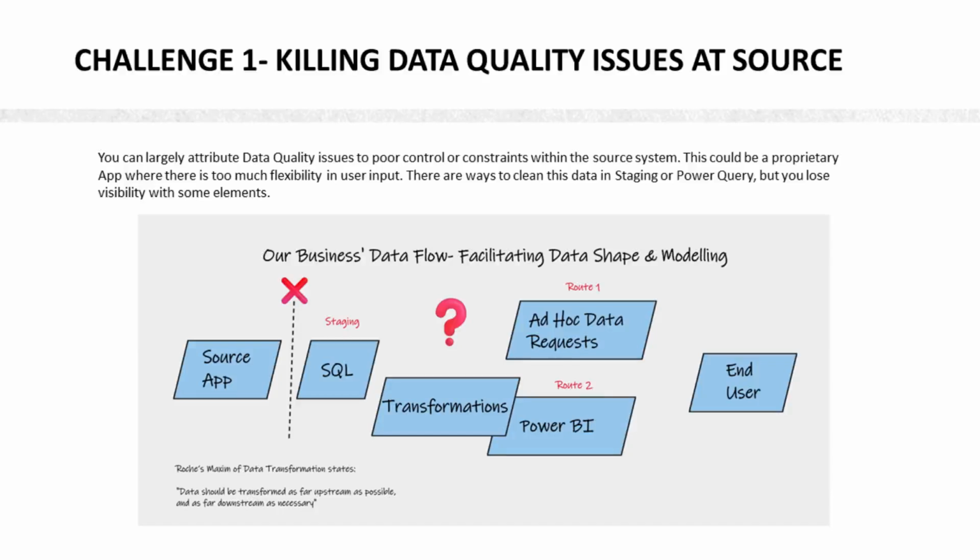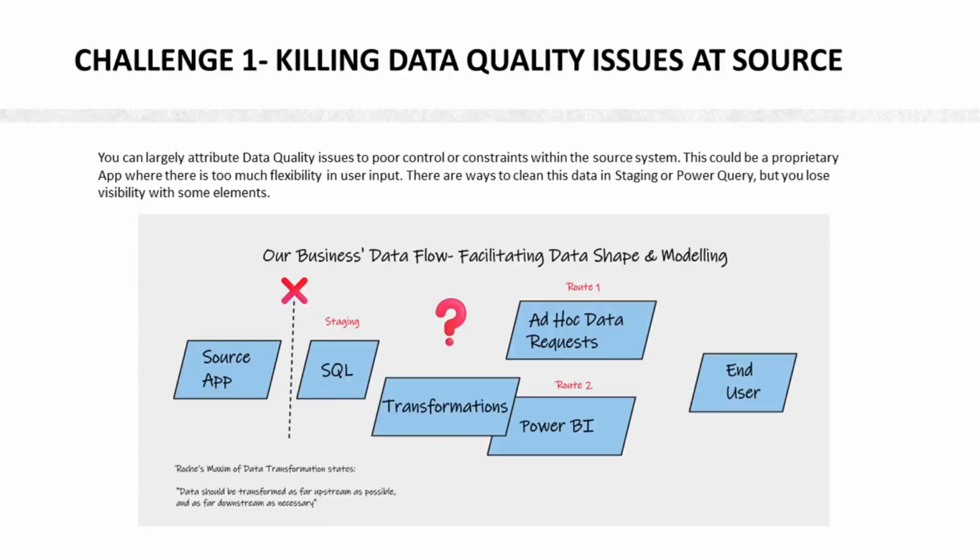The other thing is, if you were going to start cleaning things in Power Query, there's a chance that you're going to lose traceability or visibility with some elements as they change, as they're cleaned, and you may not want to do that, especially when you're trying to highlight poor data quality.